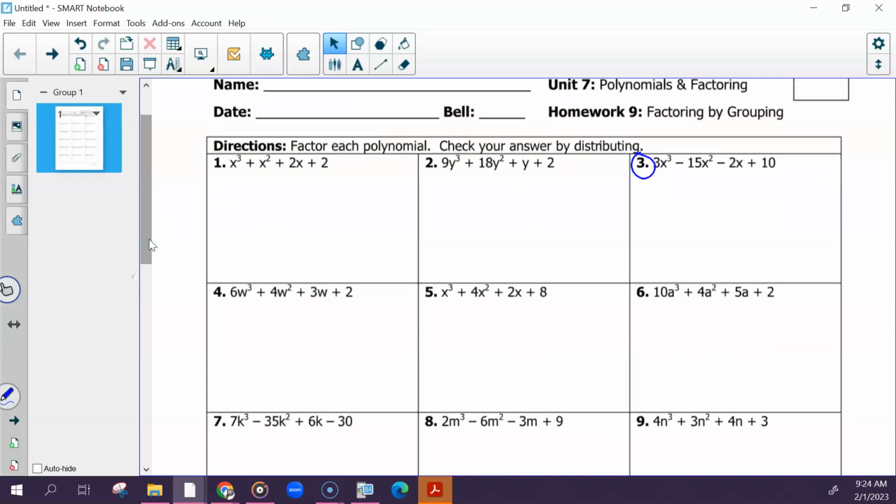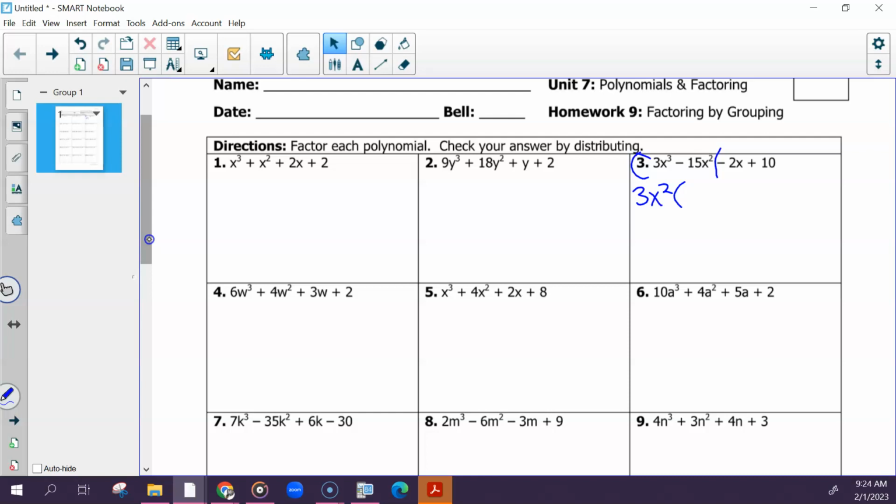Okay, so split it down the middle, find your GCF of both sides. What would the first one be? 3. Do they have variables in common? X. How many X's? So we're dividing both of those by 3x squared.